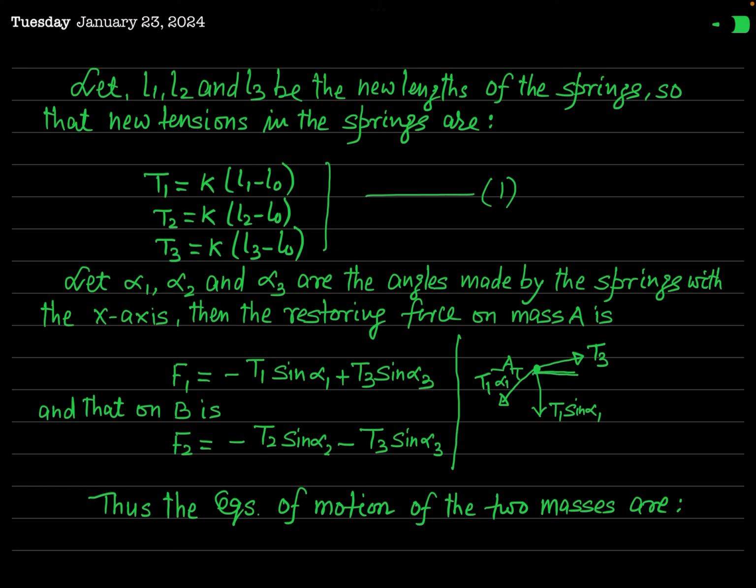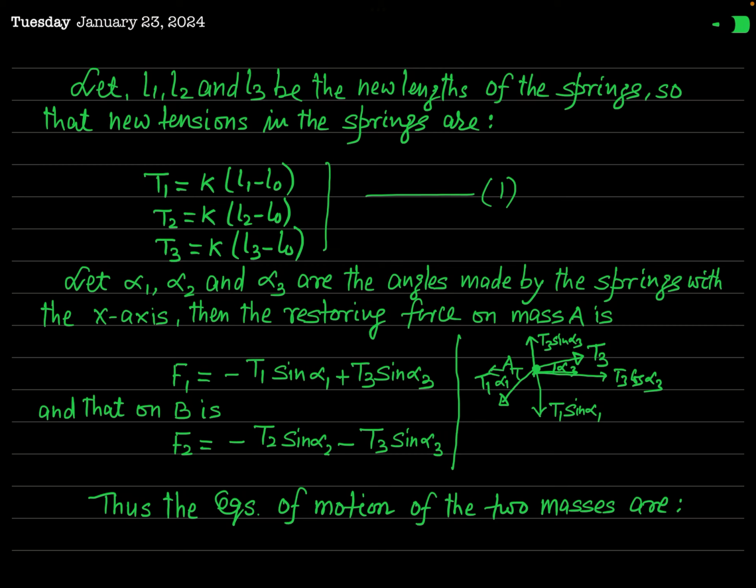Now again you can see the force acting on this A, another force is T3, and this angle we have considered is alpha 3. So the component of this T3 in upward direction, that is in positive y direction, will be T3 sine alpha 3, and another component will be in this direction, T3 cos alpha 3. But in horizontal direction, the components of T1 and T3 will cancel.